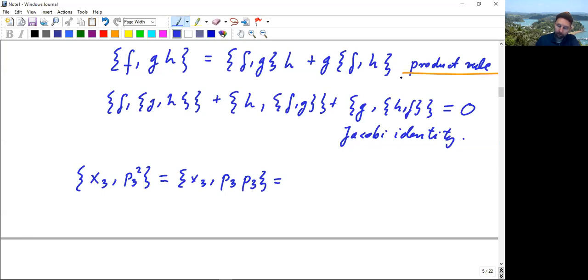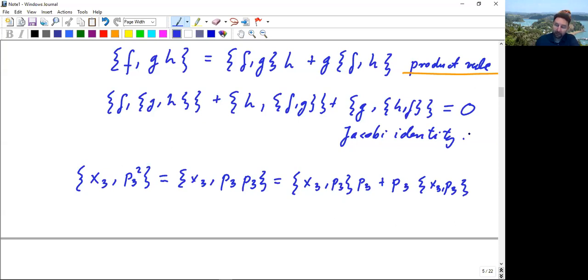So by the product rule, what we obtain is that this is equal to the Poisson bracket of x3 with p3 plus, and then it is the same thing again. So it's p3, x3, p3, almost the same thing, right? Except that in one case the p3 is to the right, and in the other case it's to the left.